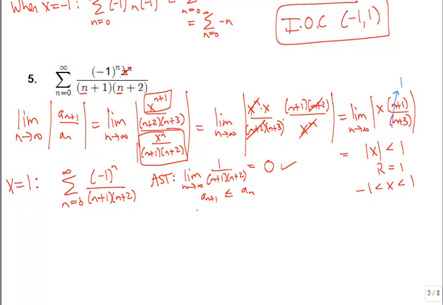Well, a sub n plus 1 is 1 over n plus 2 times n plus 3, and a sub n is 1 over n plus 1 times n plus 2. And this is true because these two denominators are bigger than these two, so the fraction as a whole is smaller. So this condition is true as well. That means we have convergence by the alternating series test, and that happened at 1, so that means I do want to include the endpoint 1.